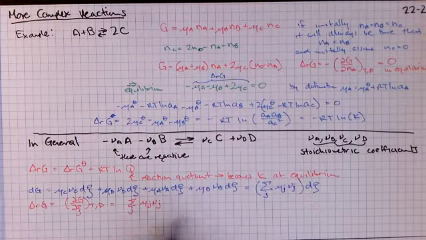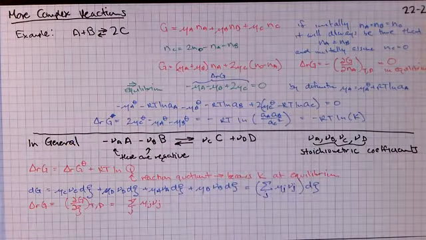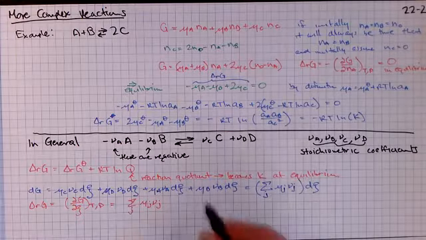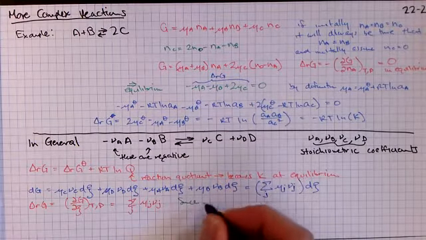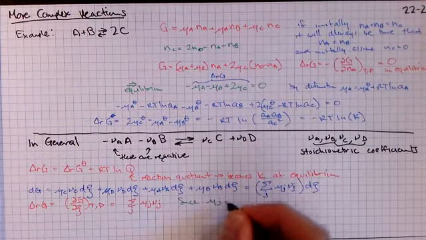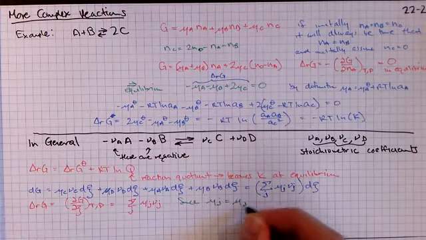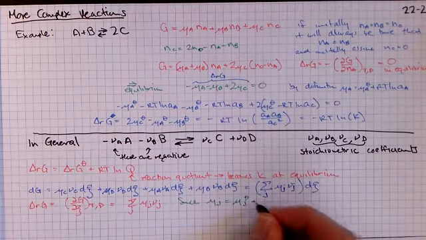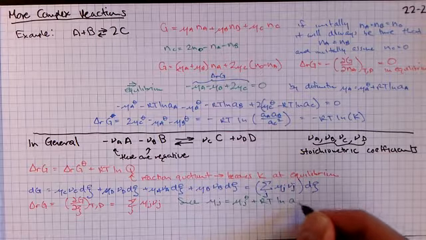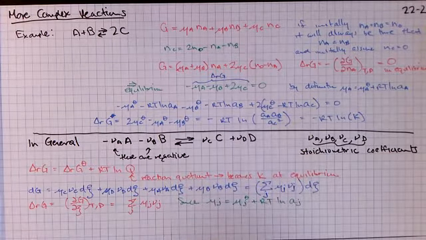And we can further do the same kinds of tricks we did before if we note that mu J is equal to mu J in the reference configuration plus RT times the natural log of the activity coefficient of J in general.